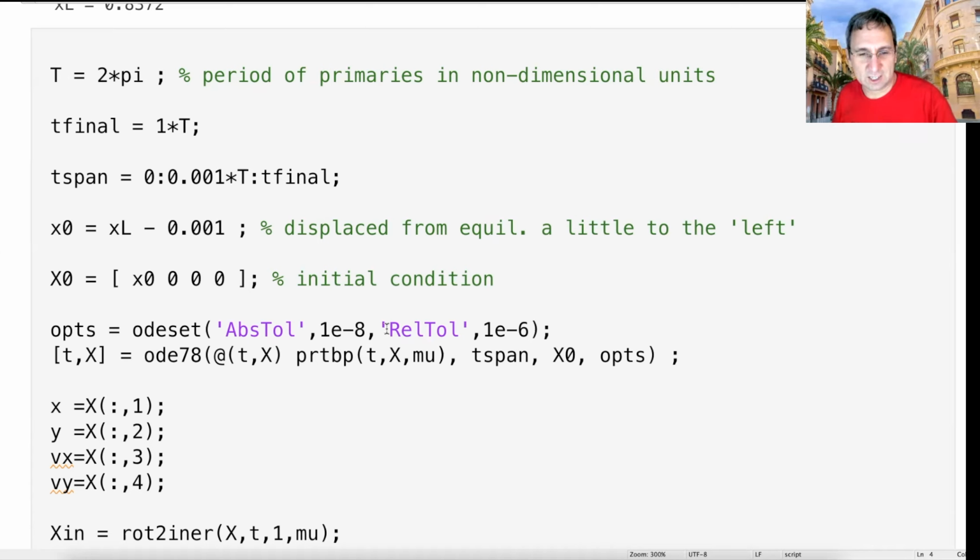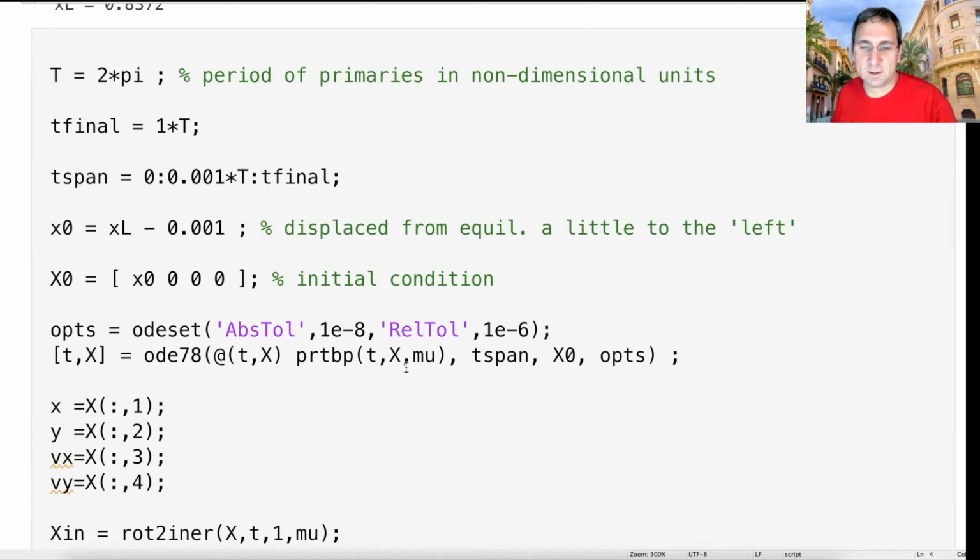You can set things like tolerances. And I tend to like using ODE 7.8 rather than ODE 4.5. I just think it's just as fast and gives higher accuracy. And I've got a function I've written down below, which is the equations of motion for the CR3BP, planar circular restricted 3-body problem.